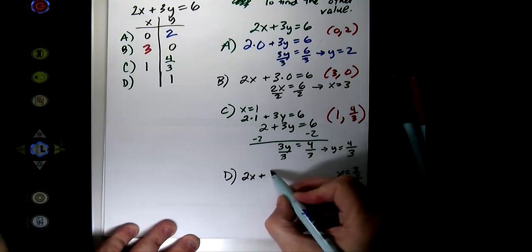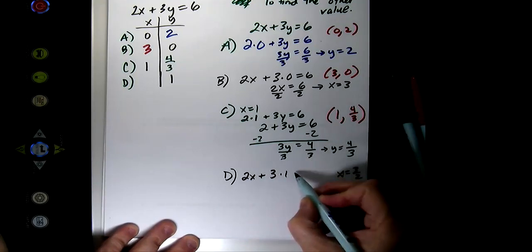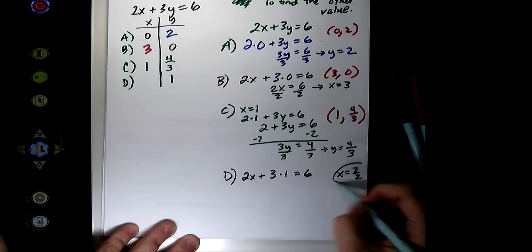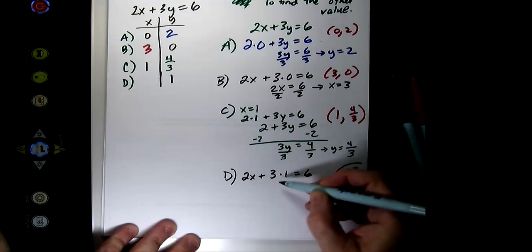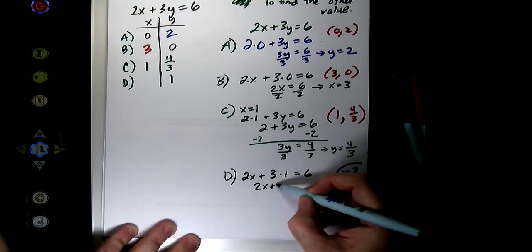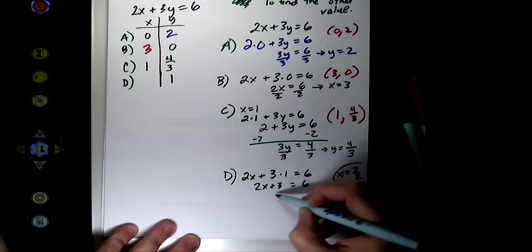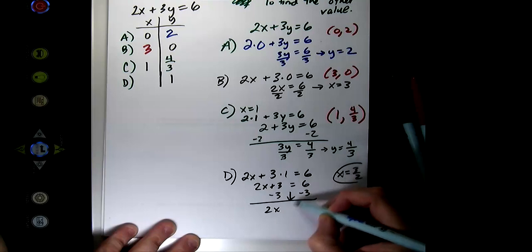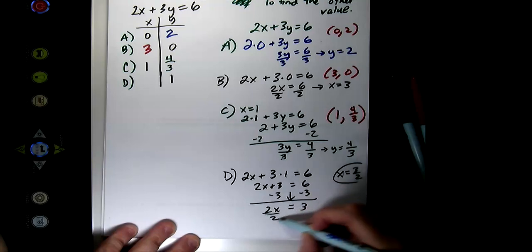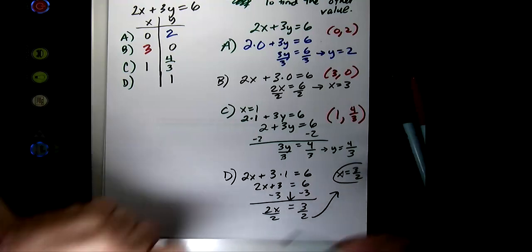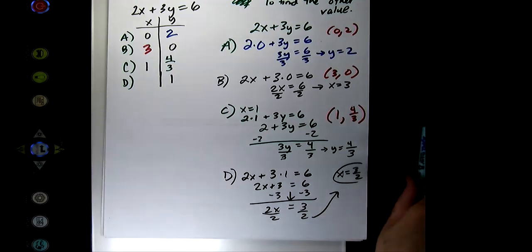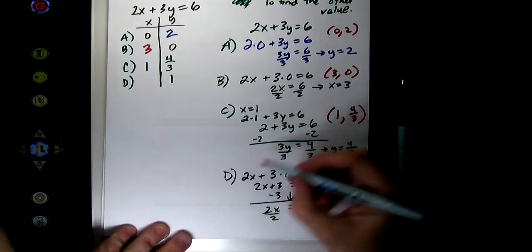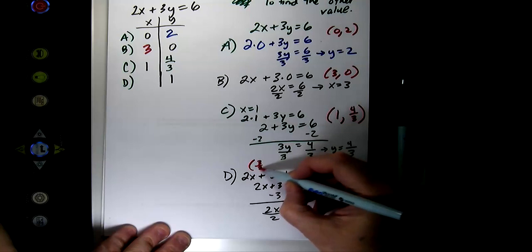Alright, let's see what happens. X equals 3 halves is indeed it. So this is the point 3 halves, comma 1.